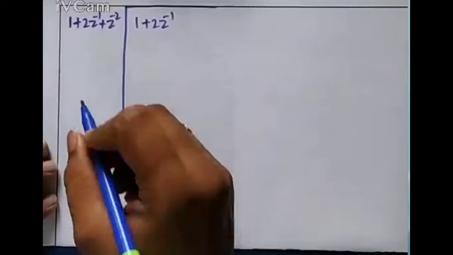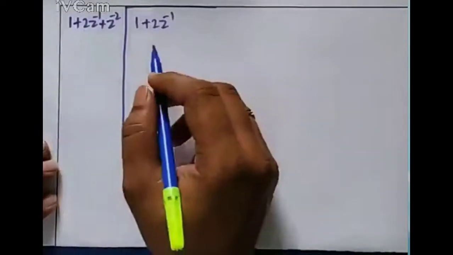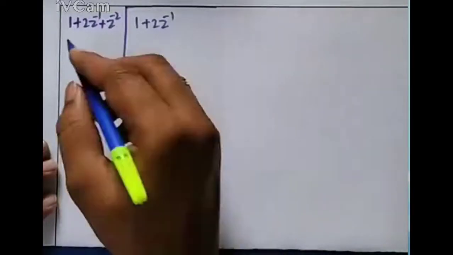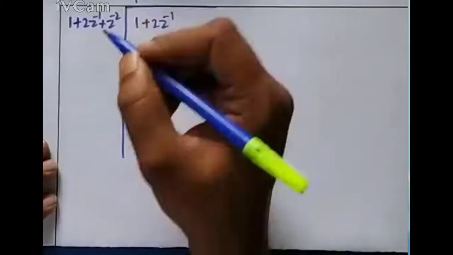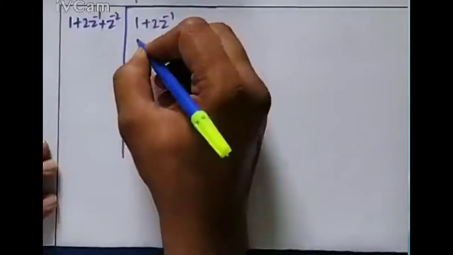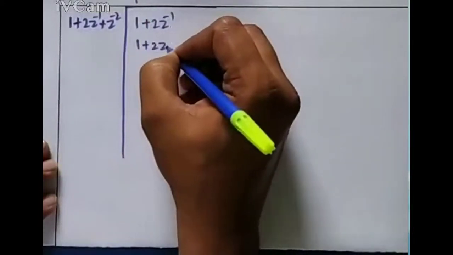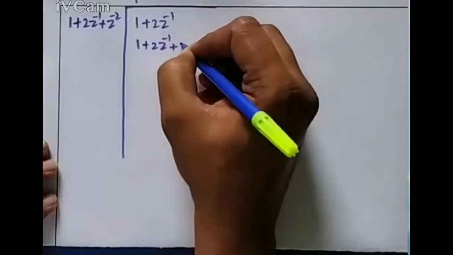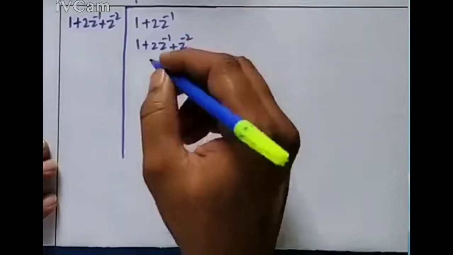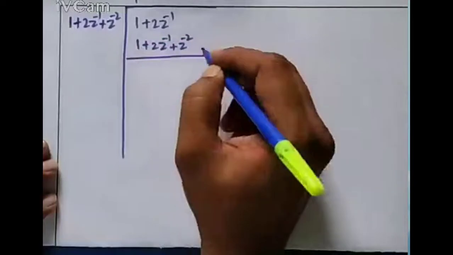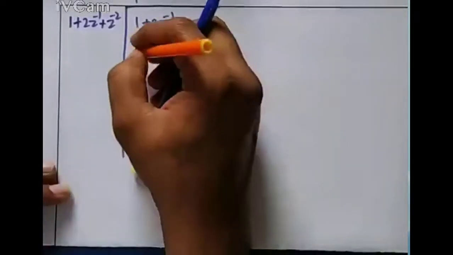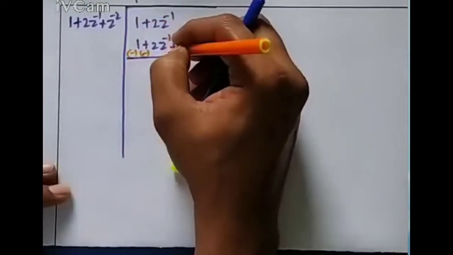Okay, so what do I have to multiply so that I can get 1 here? Simply I have to multiply by 1, so that I will get this 1 here: 1 plus 2z^-1 plus z^-2. Then correspondingly these terms will get cancelled out.